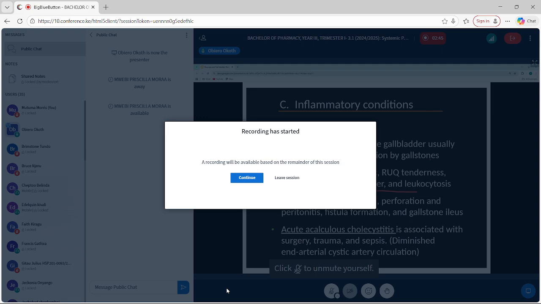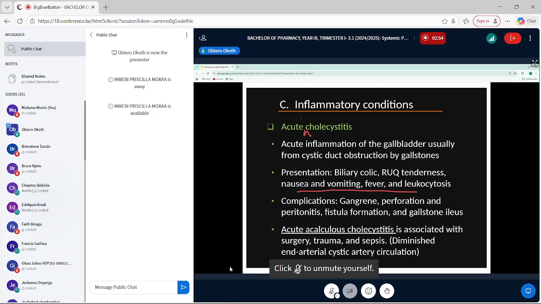Remember, acute cholecystitis can also arise from a background with no gallstones. If it's arising from a background of gallstones, the term we normally use is acute calculous cholecystitis, basically meaning it's coming from gallstones.